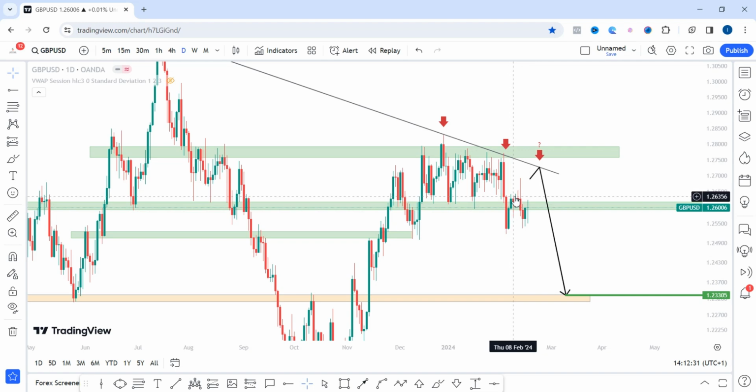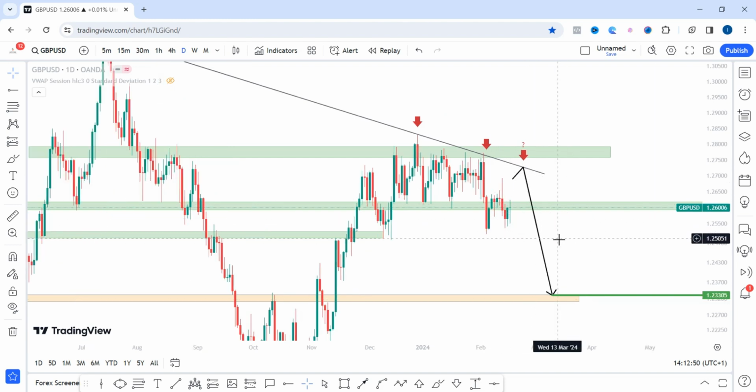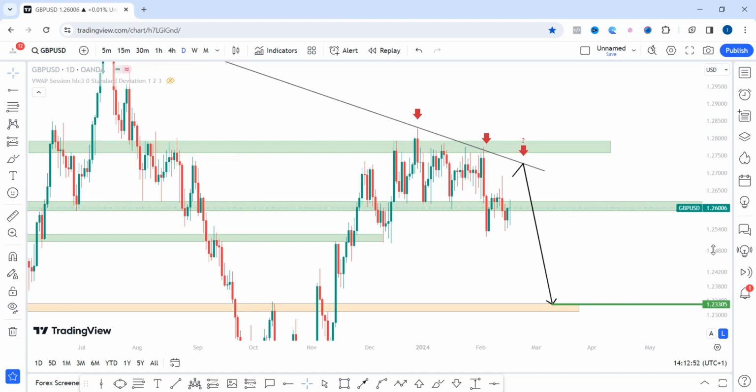I was specific about my view where I said I'd like to see a daily price close below here before seeing a continuous drop to the 1.23305 area, right? So price actually broke and closed below that zone on the daily time frame, but we didn't find enough momentum to push price downward, and that even surprises me, right?